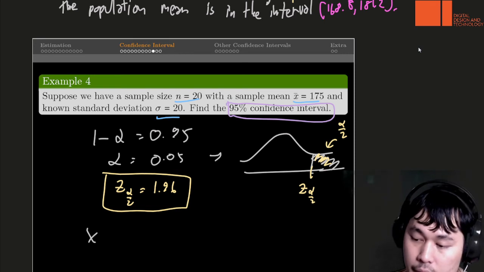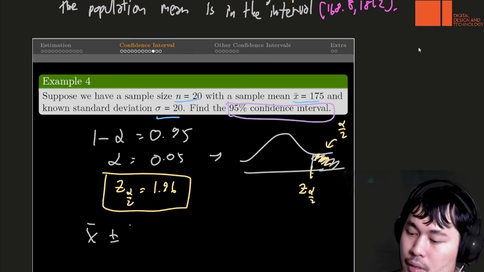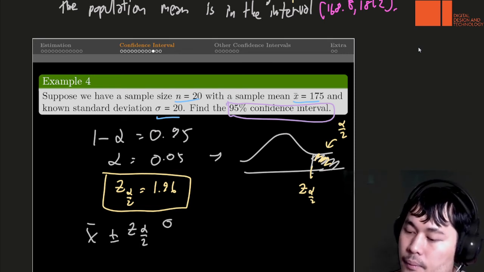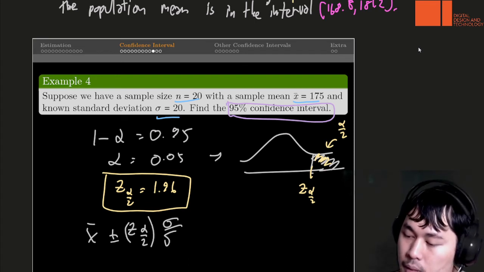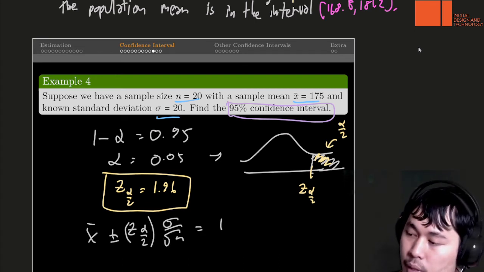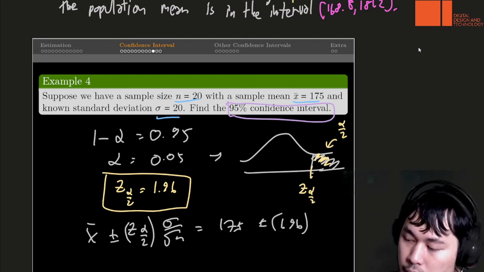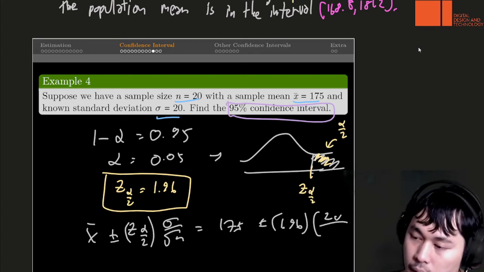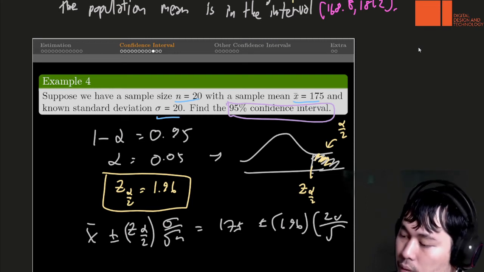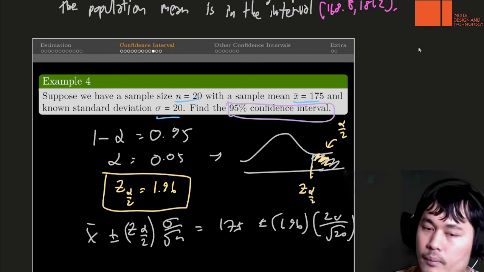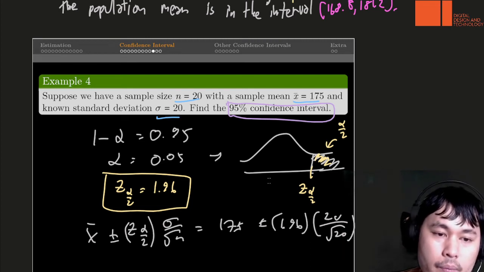The answer, using the same formula, is x bar, 125, plus or minus 1.96 times sigma, still 20, over the square root of n, still 20. We get this new interval.